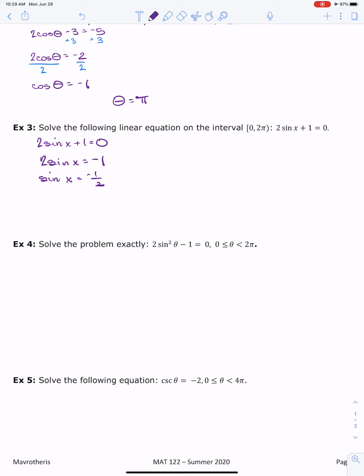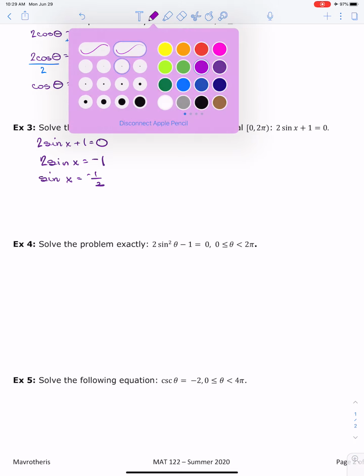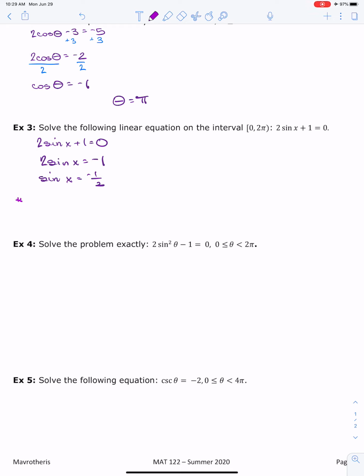Important to take a breath for a minute. Just remember where sine is negative. And write myself a note here. So I know that the sine is negative in quadrant 3 and quadrant 4.